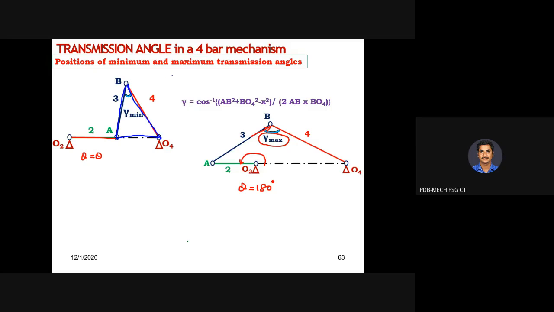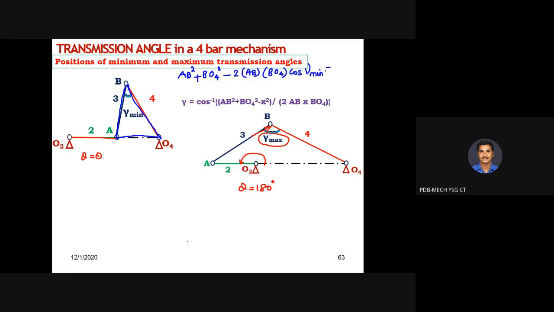First we need to write the side squares, that is AB square plus BO4 square minus 2 AB BO4 cos gamma, since it is giving the minimum transmission angle, correct?